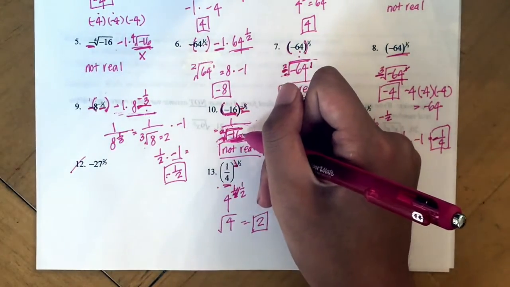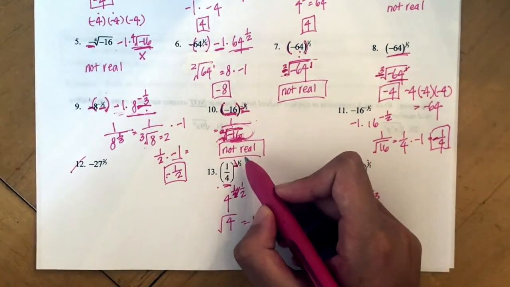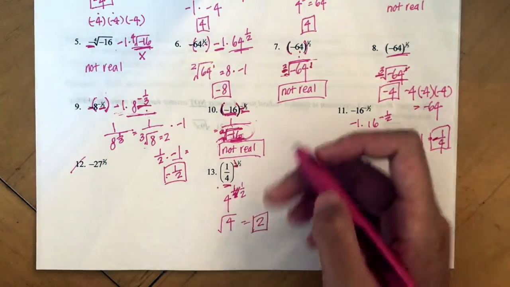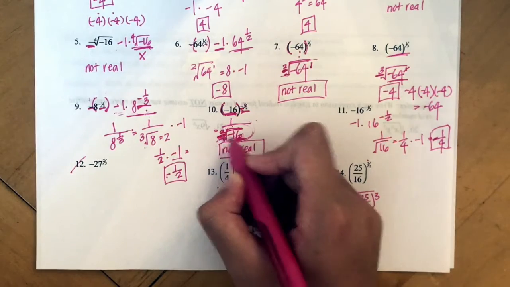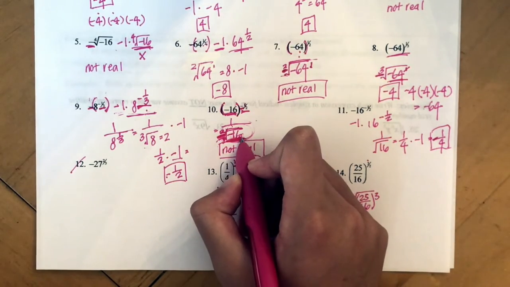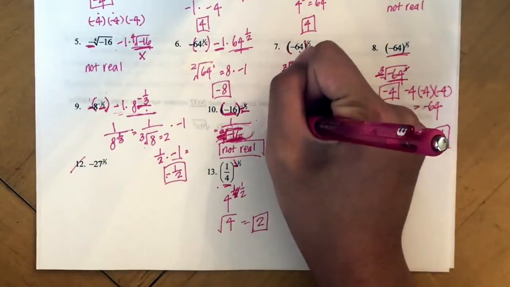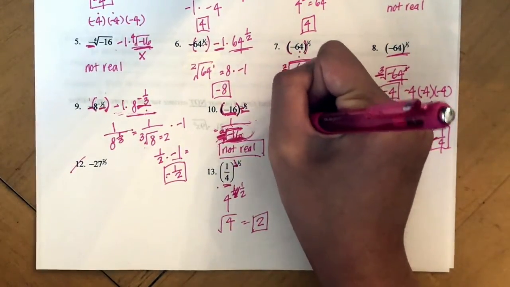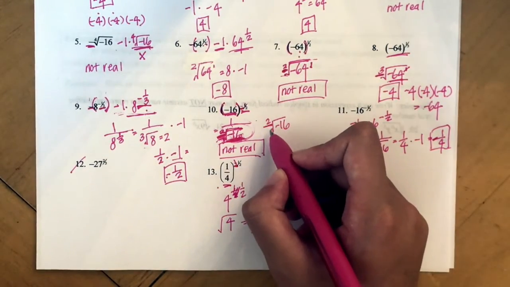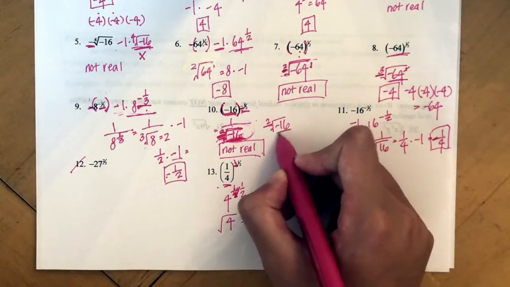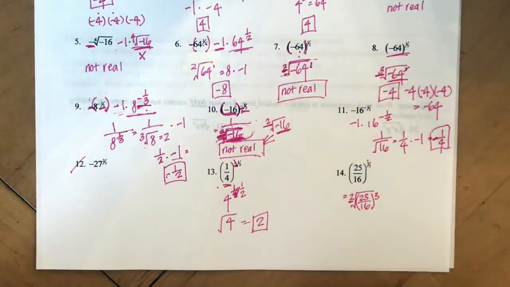But that still doesn't erase the fact that it is going to result in a number that is not real, because we know that if the root is even and we have a negative number inside of the square root, then it's going to be not real. So as we can see here, we have an even root and a negative number. Whenever that happens, it is going to lead to a not real number.